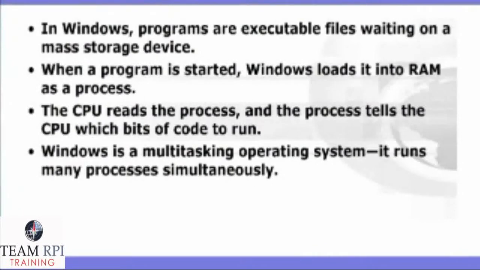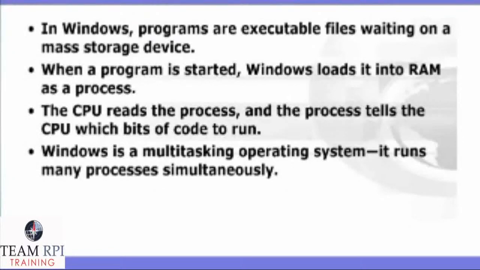In Windows, programs are executable files waiting on a mass storage device like your hard drive. When a program is started, Windows loads it into RAM. The CPU reads the processes, and the processes tell the CPU which bits of code to run and when. Windows is a multitasking operating system.